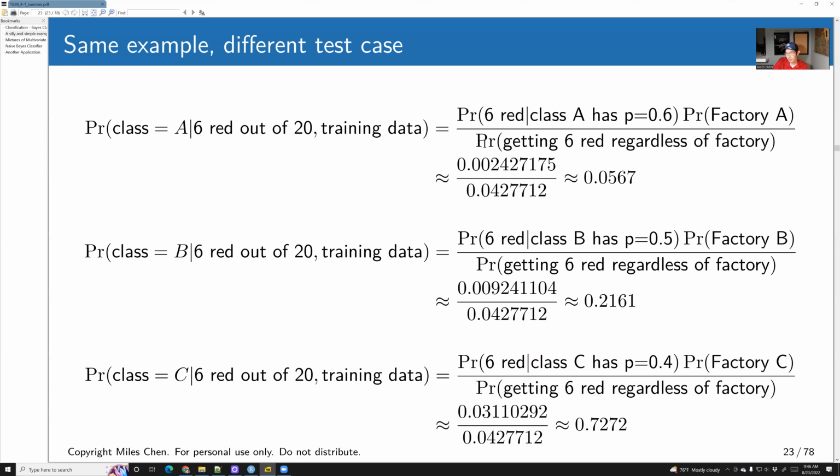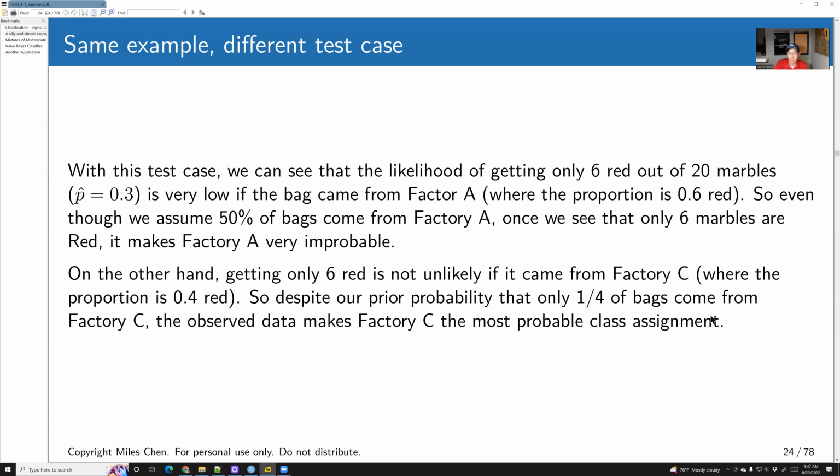In some of the examples that I do in the future, I basically just calculate the numerators, and I don't get into calculating the marginal probabilities in the denominator, but it's not too hard: you're just summing up the numerators across all of the different possible classes that we're considering. Here I just say factory A is the least probable, and factory C is the most probable after taking a look at that data.